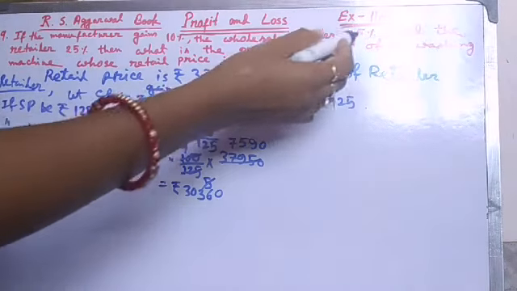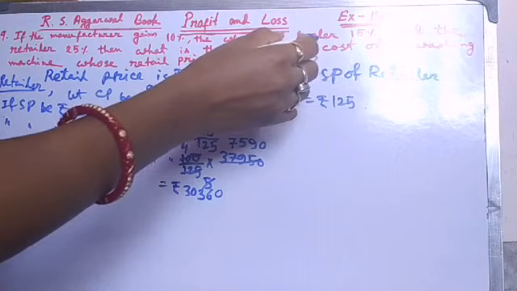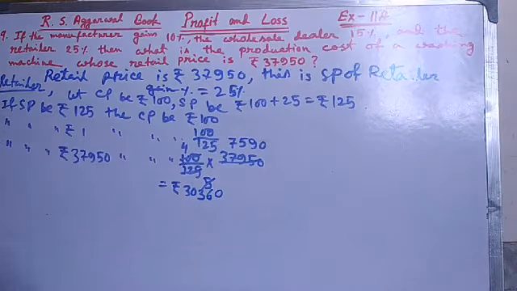So here before retailer, wholesale dealer is there. Wholesale dealer's gain is 15%.